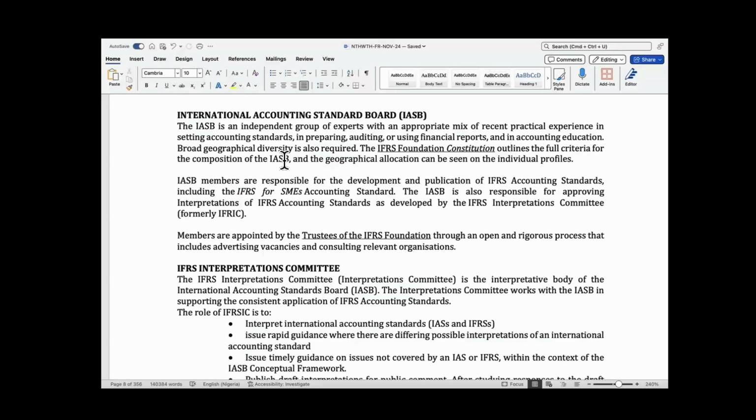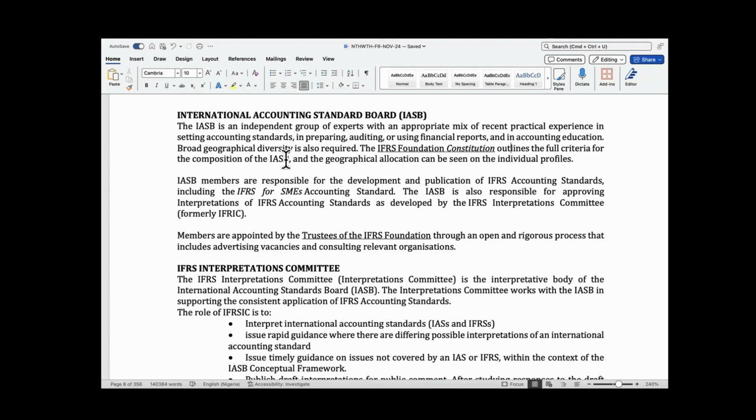To make it easy, they have members from different geographical locations. At least one person is representing Africa. I think 3 people are representing Europe. Asia, I think 2 people. Australia, I think 2 people, like that. So they are people from different continents in this IASB.